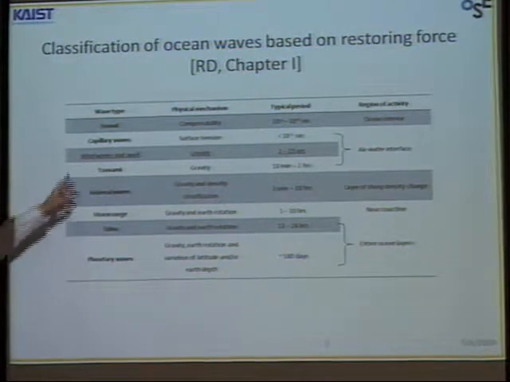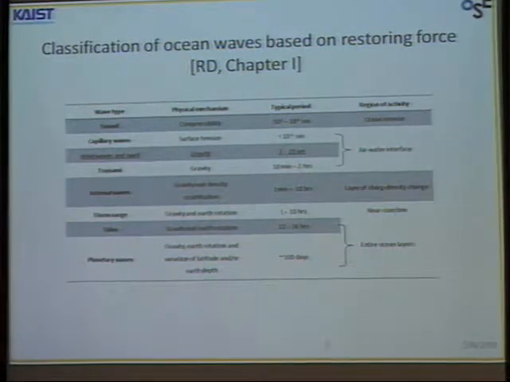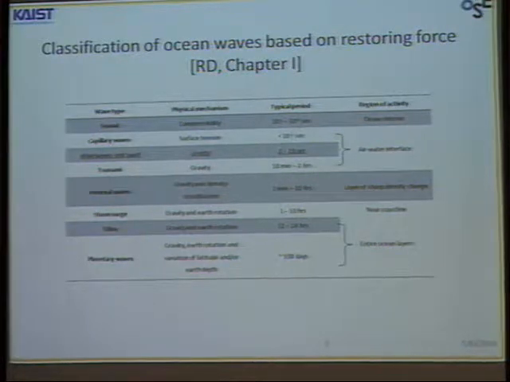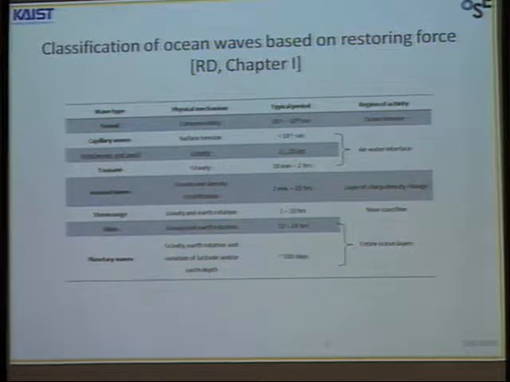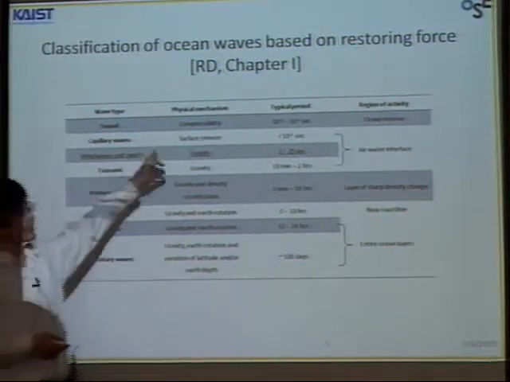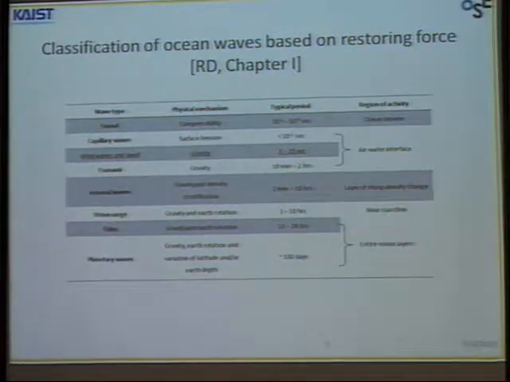For example, capillary waves are typically 5 centimeters. You can see that at the beginning, when wind blows on the water surface, those small waves are called capillary waves. They are maintained by the surface tension.